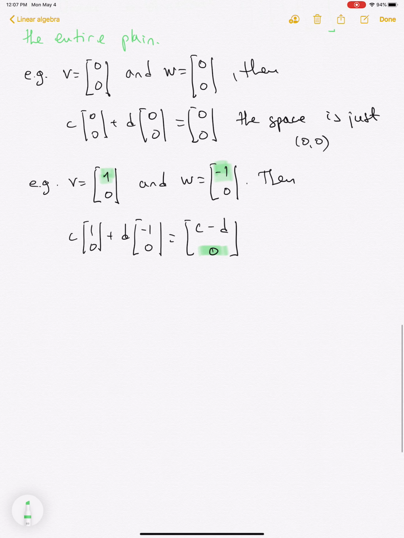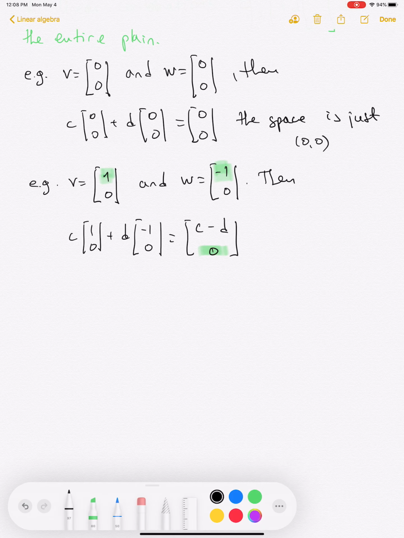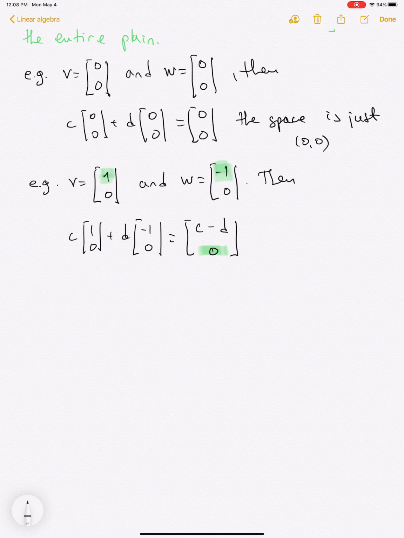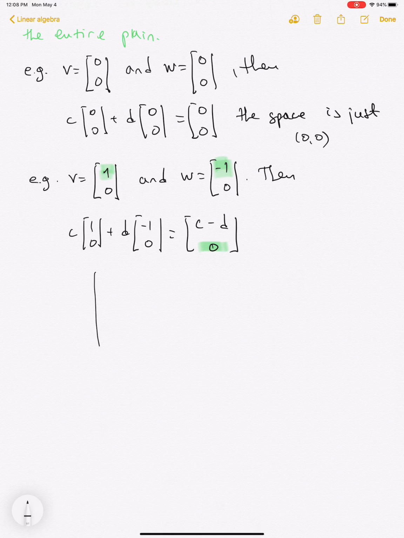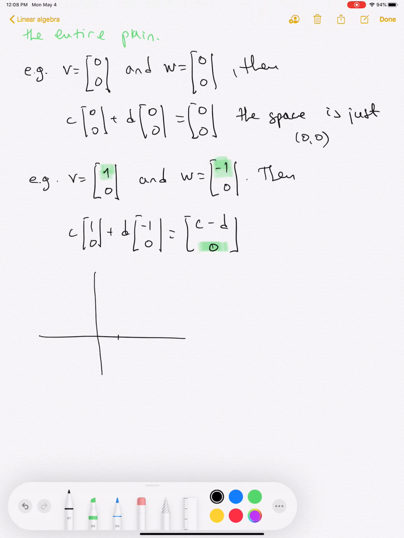So what is the space then described here? Well, let's draw this. This is important to visualize. So the vector V corresponds to (1, 0). So that's that point here.